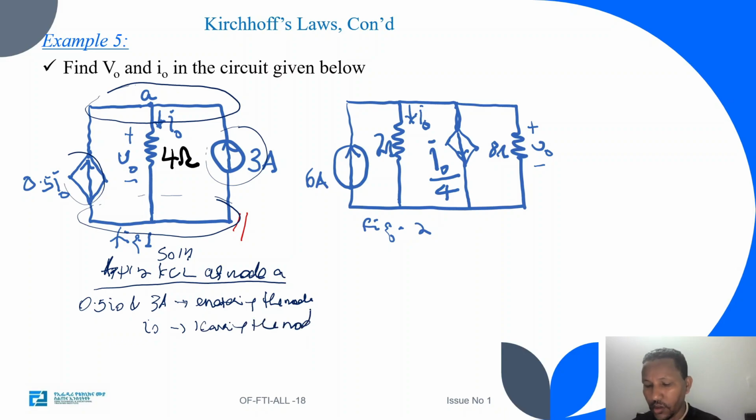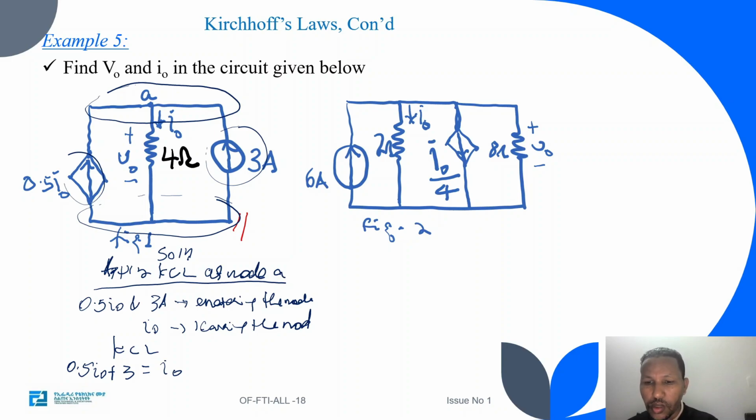KCL says that the sum of the currents entering the node equals the sum of the currents leaving the node. So the sum entering is 0.5 I naught plus 3, which equals the sum leaving the same node, I naught.